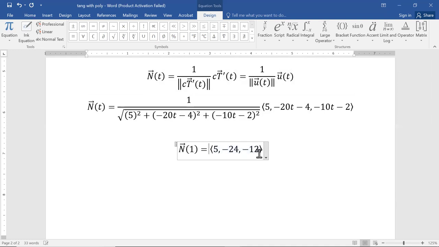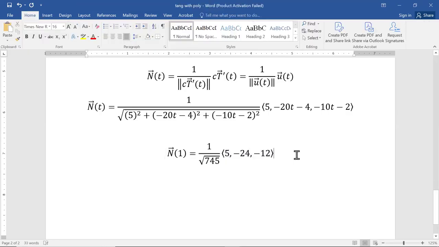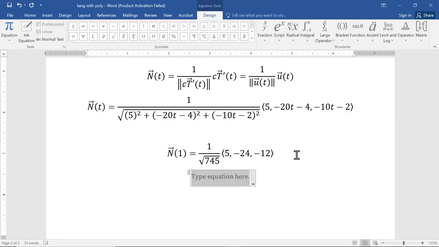And then if I want to make that, instead of plugging the 1 into this formula, I'm just going to take the square root of 5 squared plus -24 squared plus 12 squared. So I get square root of 745 as the length of this vector.